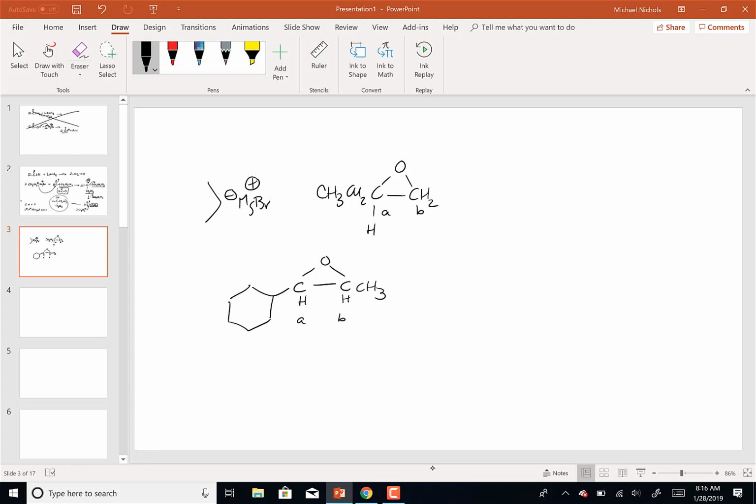Sure. What kind of carbon is A? Secondary? What kind of carbon is B? Secondary. Still want to stay with your answer B? Sure.